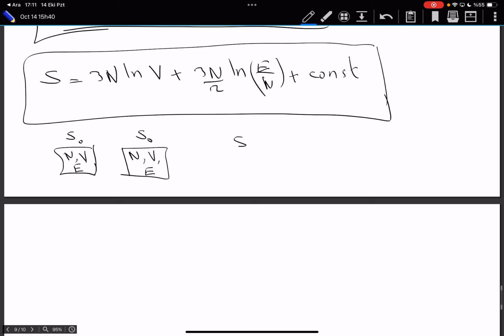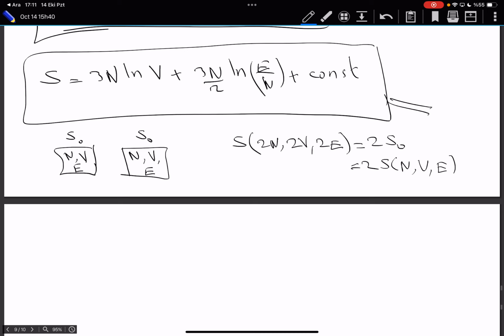So the entropy of the whole system having 2n particles, having a volume 2V, having an energy 2E, will be twice S0 or twice S(N,V,E). Yeah, we already talked about extensive quantities. Entropy is an extensive quantity, so if you just double your system, the entropy should be doubled.